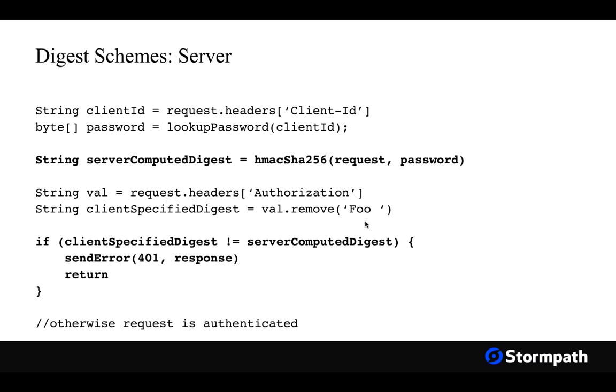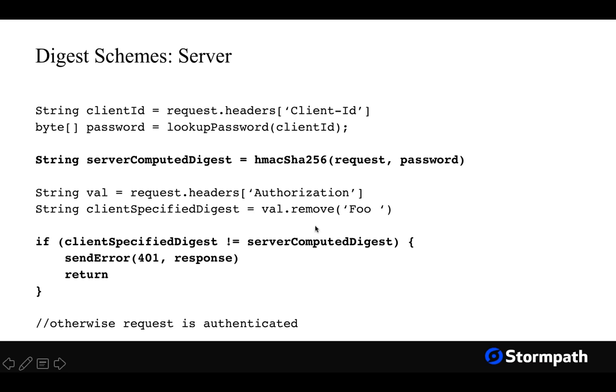So here's an example of what the server pseudocode logic might look like. Maybe it'll look at a certain request header and find out who the client is, and then for that client, find out that client's password. And then it will calculate the same hash that the client did using the request and the password that it knows is associated with that client.